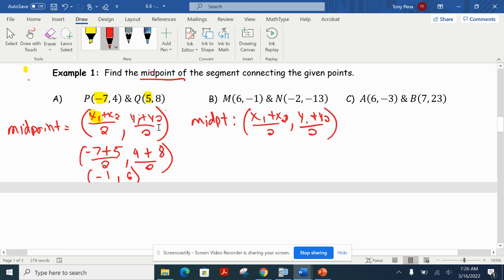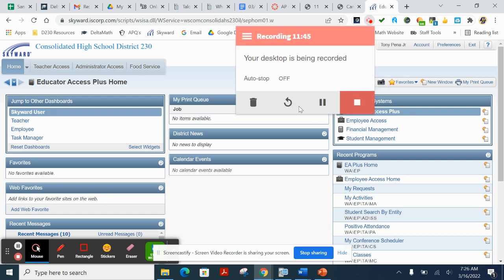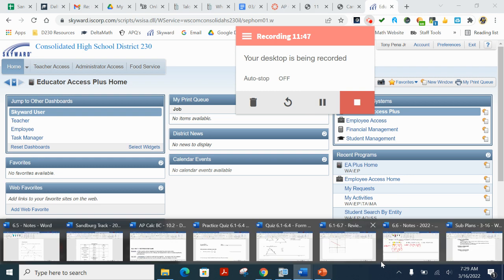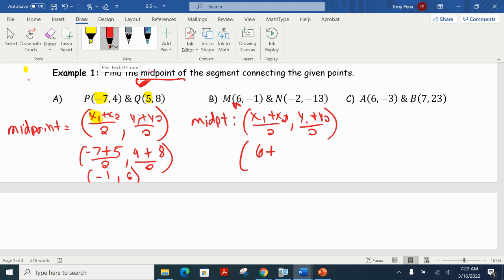Okay, so there's our formula. All right, so that's our midpoint formula. Again, we're just finding the average of the x values. That's in the middle. The average of the two y values should get us in the middle. So for this one, the x coordinate of the first one is a 6, plus the x coordinate on my second point is the -2.